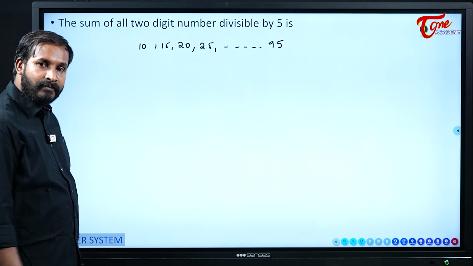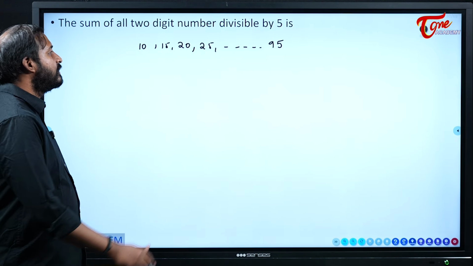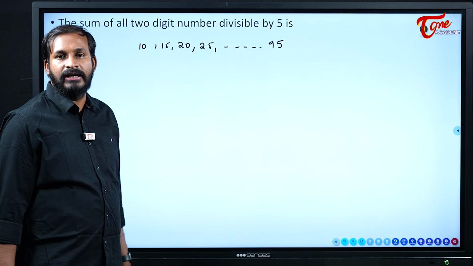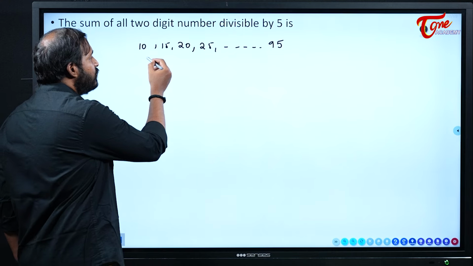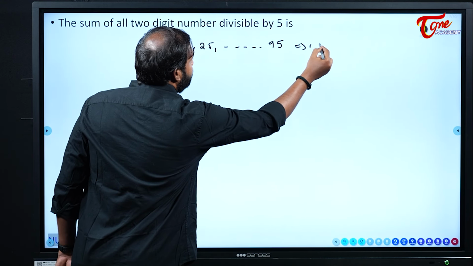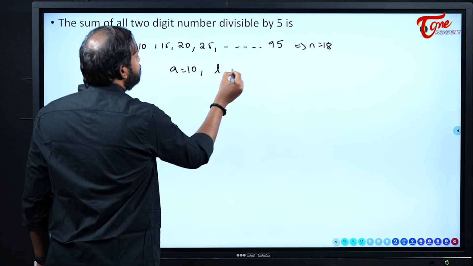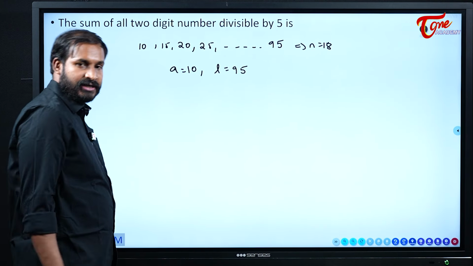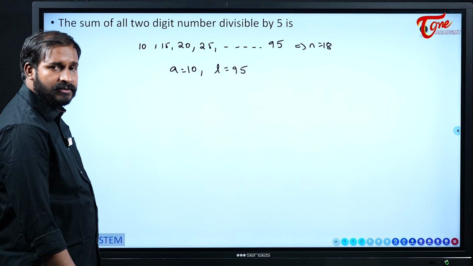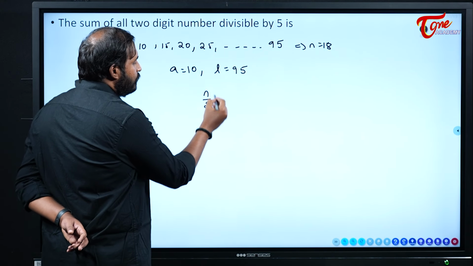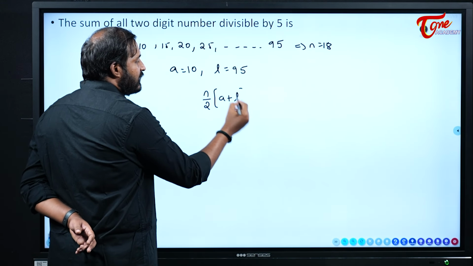So, total how many numbers are there for me here? Please observe, up to 95 actually 19, and previously one multiple is subtracted. So n is 18, first term is 10 and last term is 95. Sum to n terms in arithmetic progression is n by 2 into a plus l, first term plus last term.